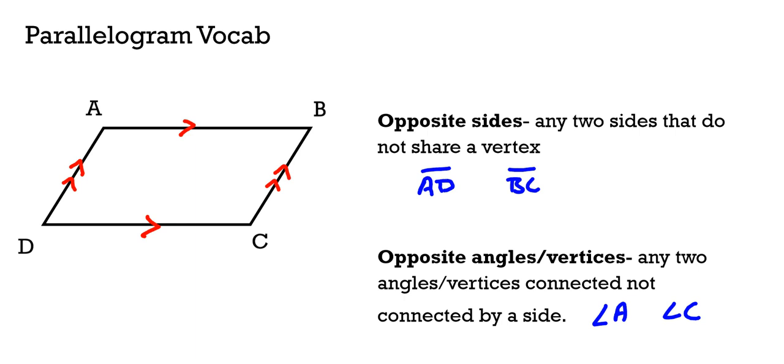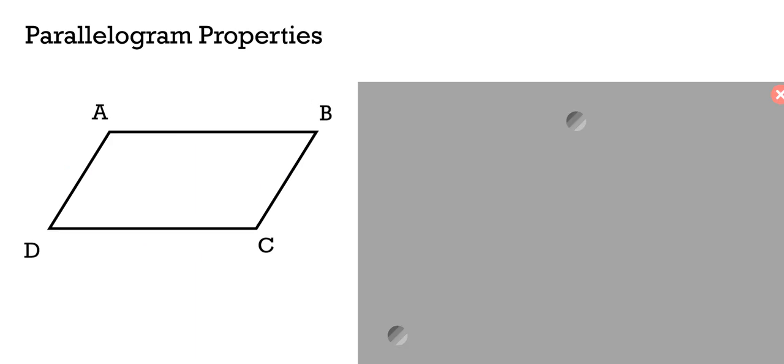So what connects them is what determines what type they are. Now, those terms, consecutive and opposite, we're going to use in other things as well, but for our immediate purposes, we just want to have them for our definitions. When we start looking at some of these properties of parallelograms, it's nice to have those to reference as we move forward.